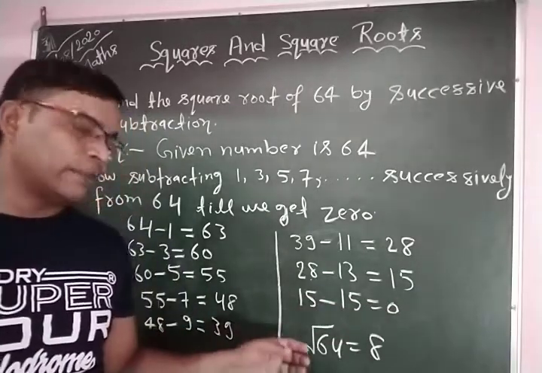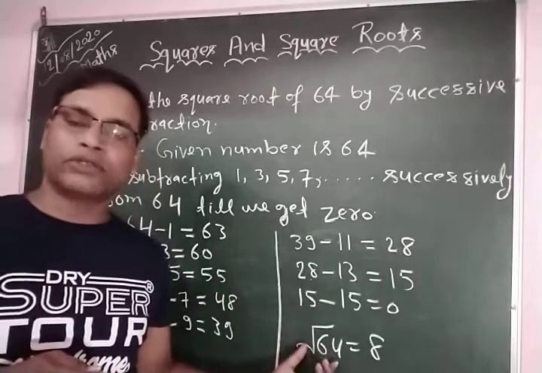So we obtain 0 after 8 steps. So what is the square root of 64?